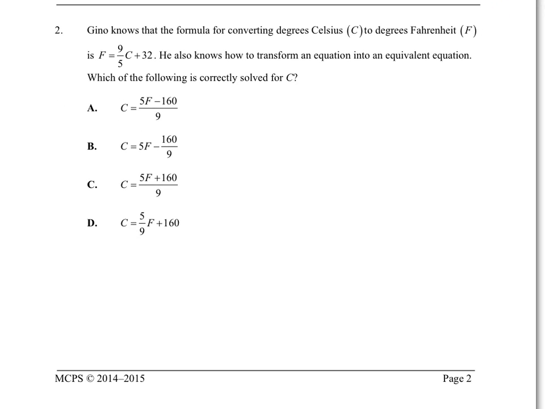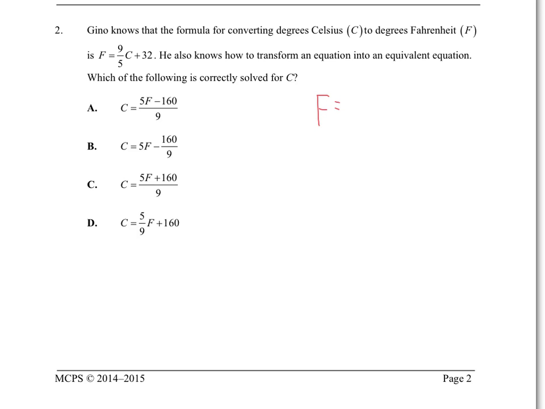Question 2. Gino knows that the formula for converting degrees Celsius, C, to degrees Fahrenheit, F, is F equals 9/5 C plus 32. He also knows how to transform an equation into an equivalent equation. So which of the following is correctly solved for C?